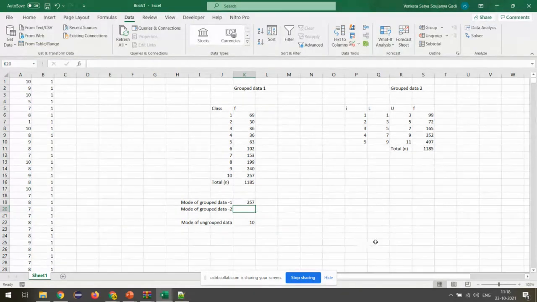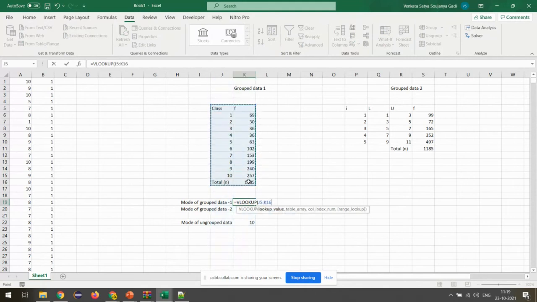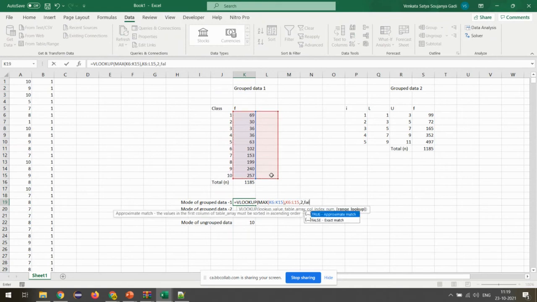I can make this a little automatic. How can I do it? We use a lookup, or better, I select these two, such that the lookup value is the maximum of all this, and then the table array I take like this, the column index 2, comma, false.